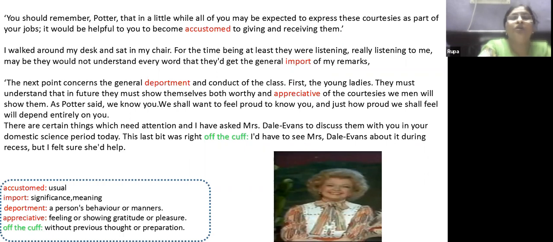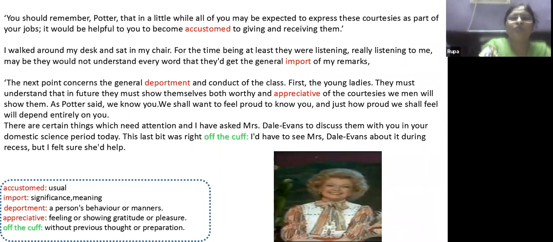So one thing you must show them is that you are very proud to know them. Yes, we know the young ladies from a long time, but we must feel very, very proud that we know you, Miss. We know the young ladies, and we are feeling very proud that we know them. And how proud we are feeling that we know these young ladies will completely depend on the young ladies.